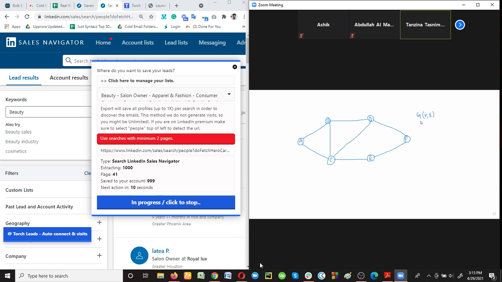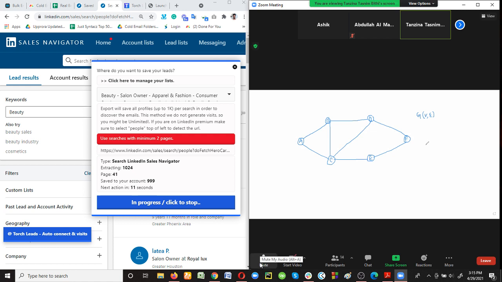Now, how do we create these spanning trees? A spanning tree is one kind of graph, or rather a subgraph. That means the spanning tree should contain all these vertices A, B, C, D, E, F. In that spanning tree, you can change the position of the nodes, but you cannot take more than 6 nodes in your subgraph. So in that subgraph, the number of vertices will be the same, but what about the edges?